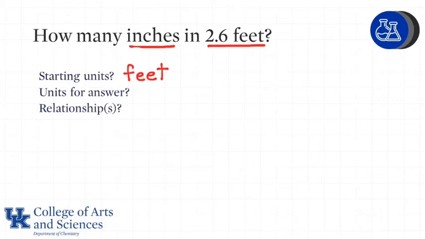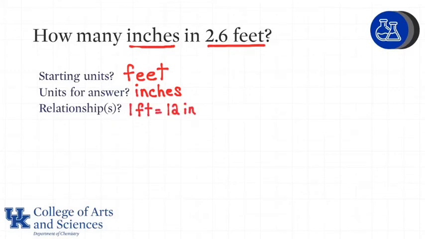The next thing we have to ask is what units we want for our answer. And the question's very clear. It says how many inches. That's our unknown. That's what we're trying to find. The next thing we have to do is determine what relationships we might know between feet and inches. Now this is a pretty straightforward example where we have 1 foot equals 12 inches.